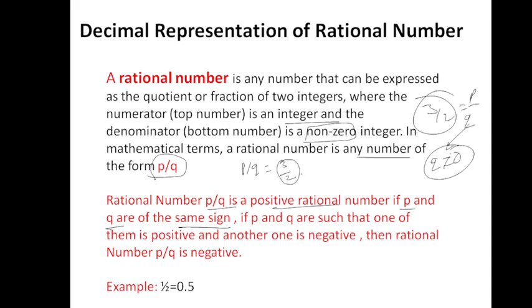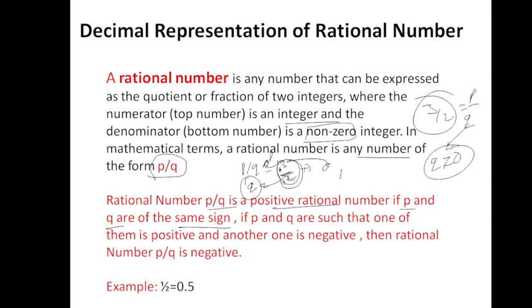It is a positive rational number because 3 is positive and 2 is also positive. Because p and q are of the same sign. Here 3 is p and 2 is q, both have the same sign, so it is a positive rational number.